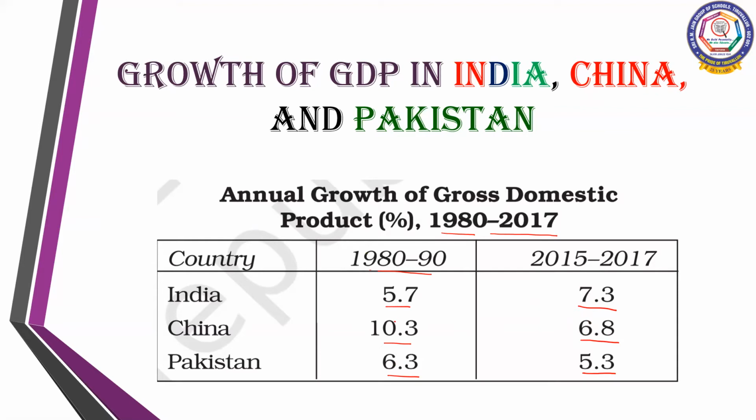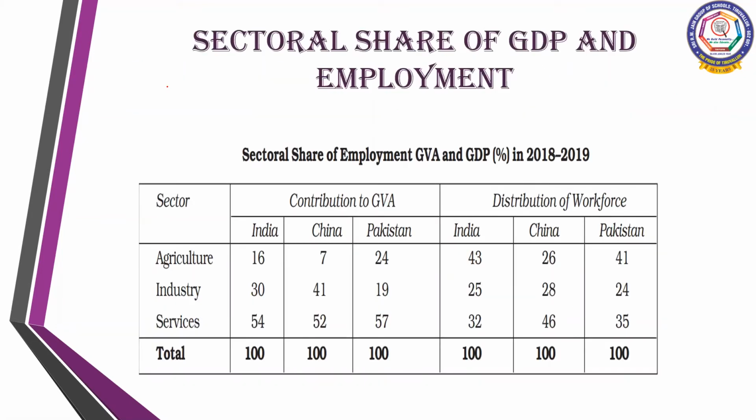China has outpaced India and Pakistan in the growth rate of GDP in 1980-1990, whereas India has performed better than the other two countries, China and Pakistan, in 2015-2017. Pakistan's GDP growth has declined to 5.3, and this is due to the political instability of the country.